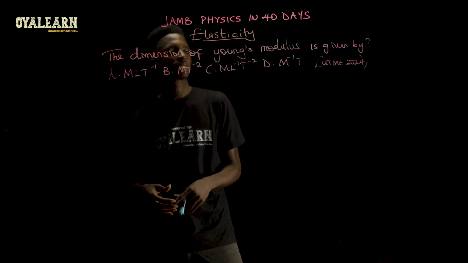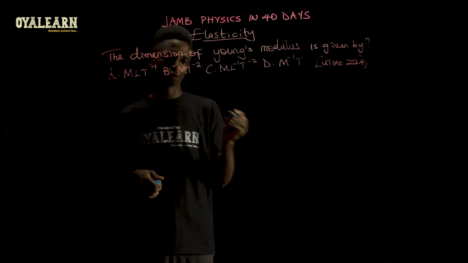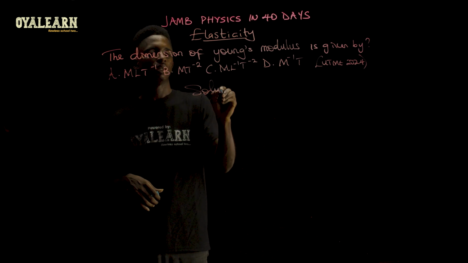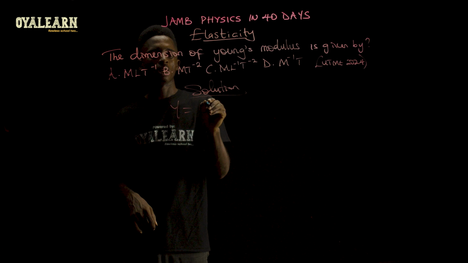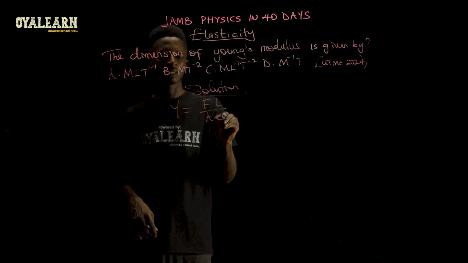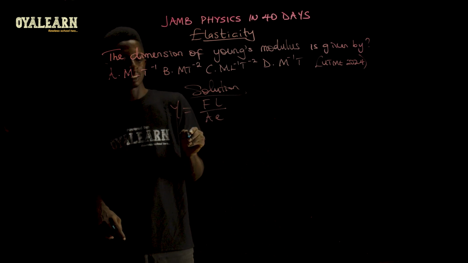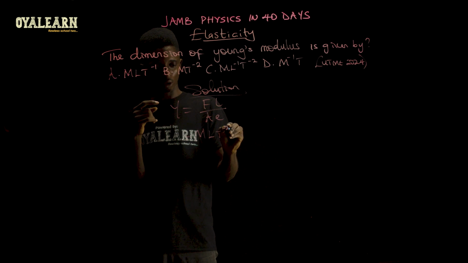This question requires that we find the dimension of Young's modulus. We know Young's modulus is force multiplied by length, over area multiplied by extension. The dimension for force is M L T to the power minus 2.